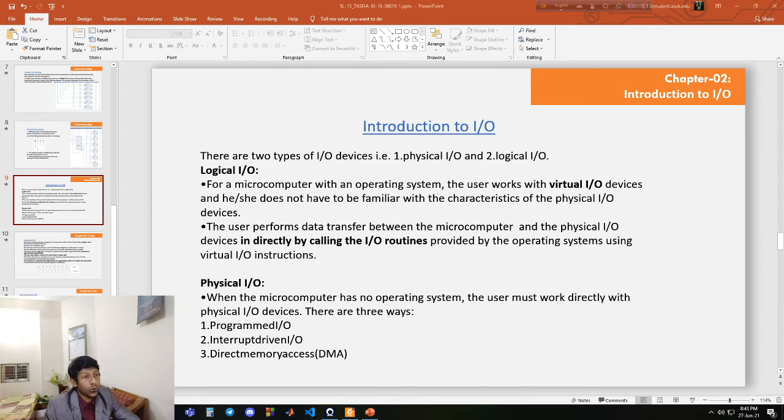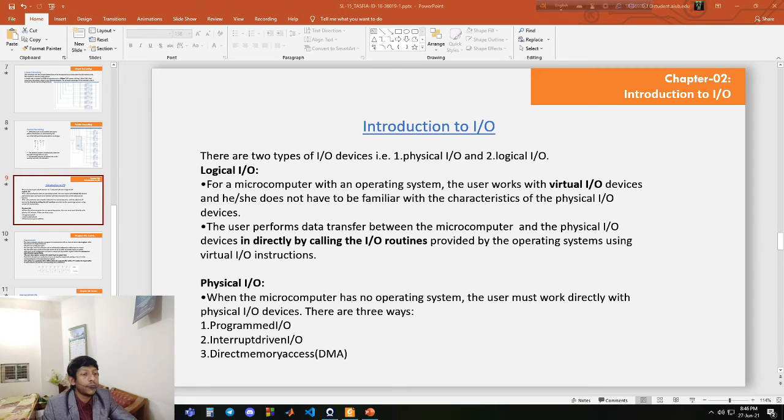introduction to I/O, input output. There are 2 types of I/O devices: one is physical I/O and one is logical I/O. Logical I/O is more like a virtual I/O provided by the microprocessor to provide some data to execute some operations at the microprocessor.